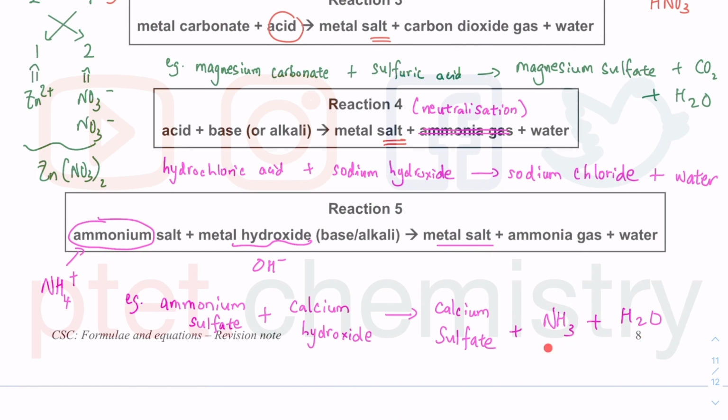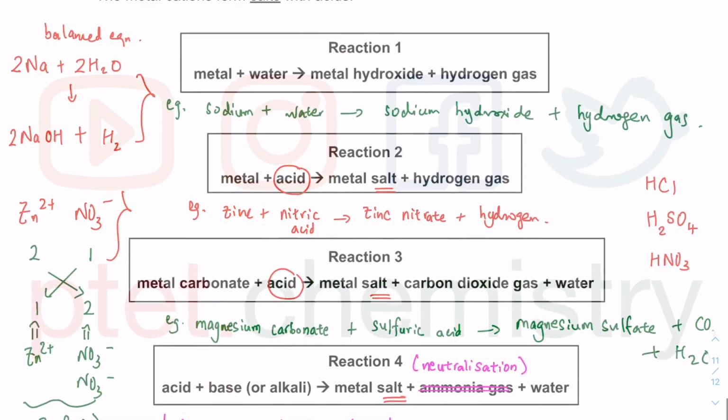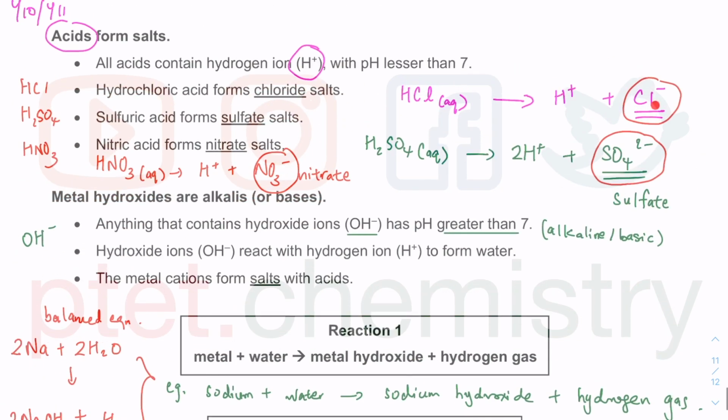At this stage you should know when someone say ammonia gas, NH3, when someone say water, H2O, when someone say ammonium, it means NH4 plus, when someone say chloride, it means Cl minus, sulfate means SO4 2 minus, nitrate means NO3 minus, and the acid refer to the combination of these with the H plus. So HCl is hydrochloric acid, H2SO4 is sulfuric acid, HNO3 is nitric acid.